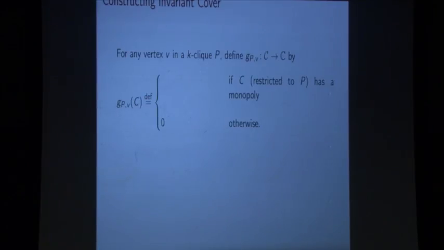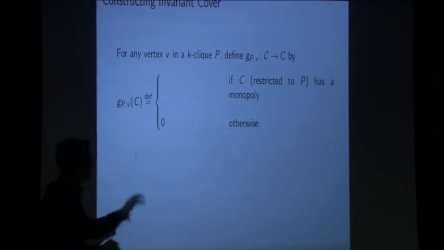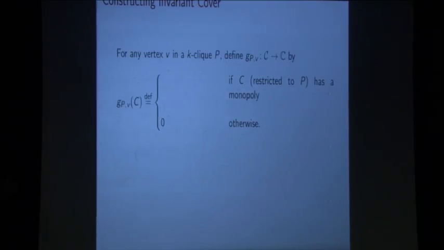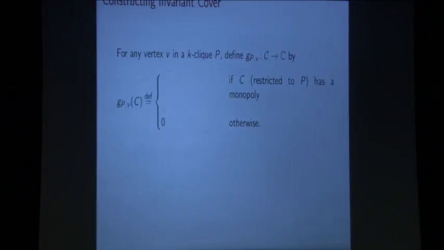By monopoly of a coloring, I mean: a coloring from k to k minus 1, when restricted to a set of vertices of size k, has a monopoly if exactly one color class has more than one vertex.